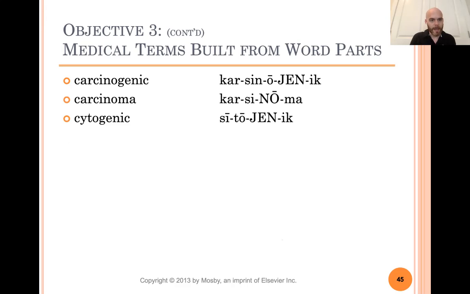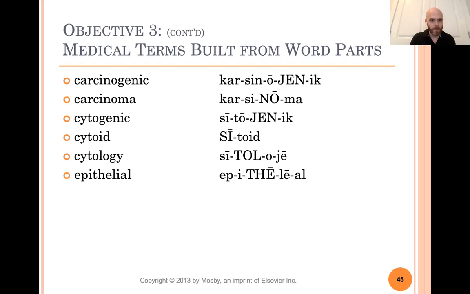Cytogenic. Cyto means cell, genic also means creating. So something is creating a cell, cytogenic, creating new cells. Cytoid means resembling a cell or pertaining to a cell. Cytology, the study of cells. Epithelial is just epithelial, can't really change anything about that word, and that's just the lining or covering of organs and connective tissues.